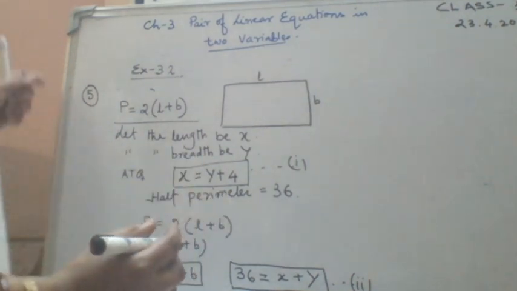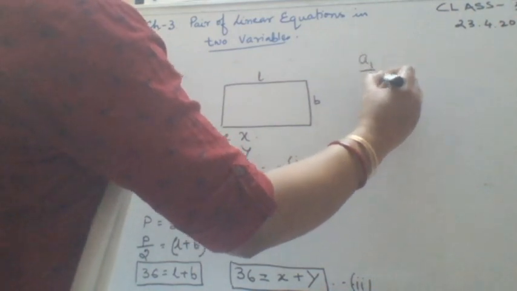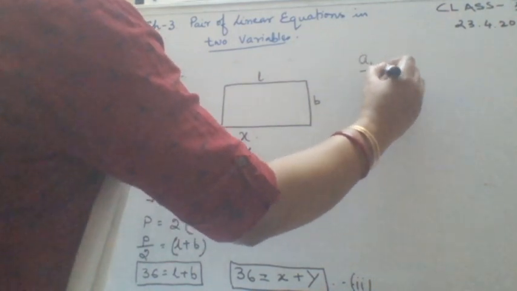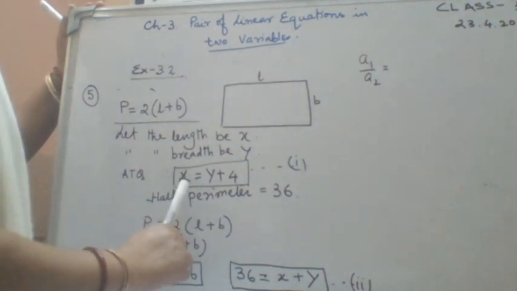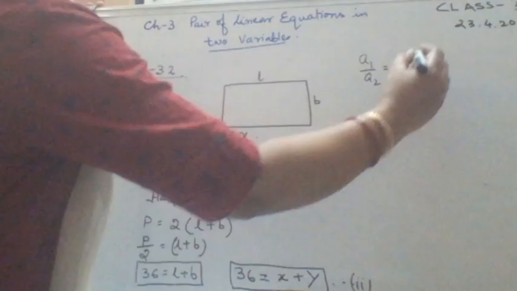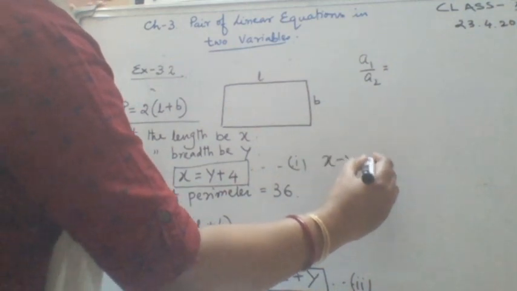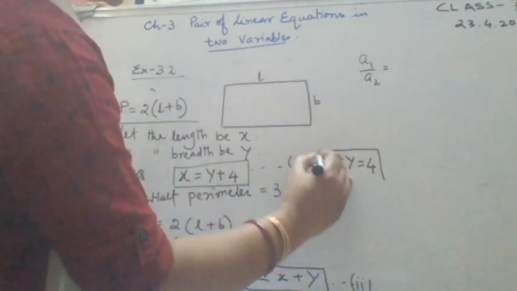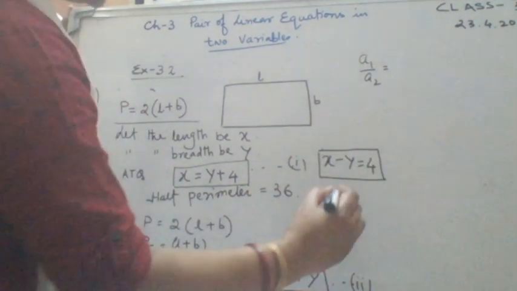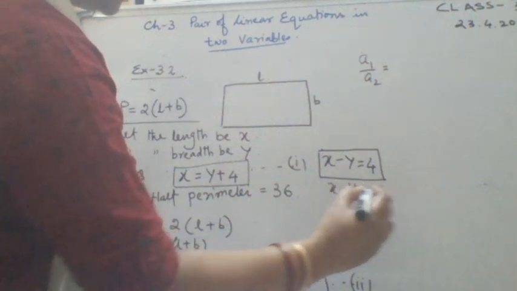If you want to check whether the solution is possible or not, then you see A1 upon A2. This one you write as x minus y equal to 4, and this one is your x plus y equal to 36.